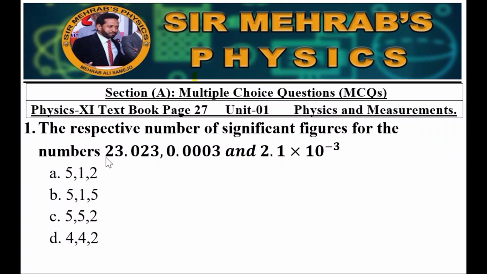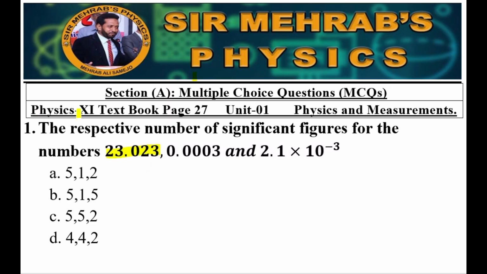Now if you go through this first number, 23.023, we have 5 digits: 2, 3, 0, 2 and 3. Non-zero digits are always significant.